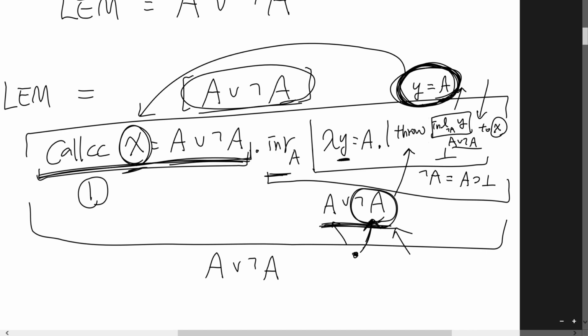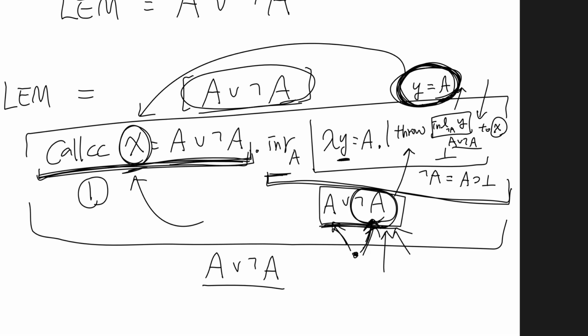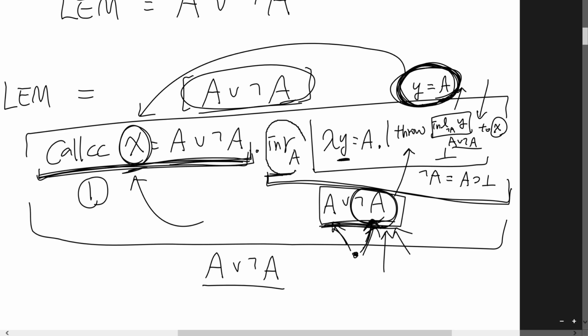Later, you can always go back and transfer the control back to this label x. So that's what we do first. And next, you have to create a value of type A disjunction negation A, but you don't know which side would be the right choice. So you take the right choice.